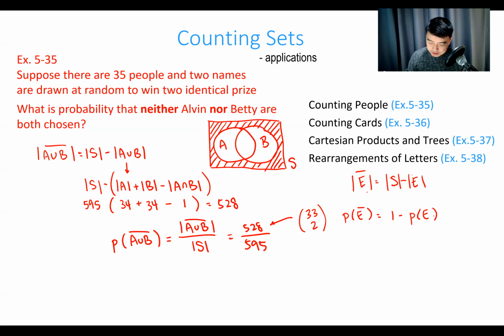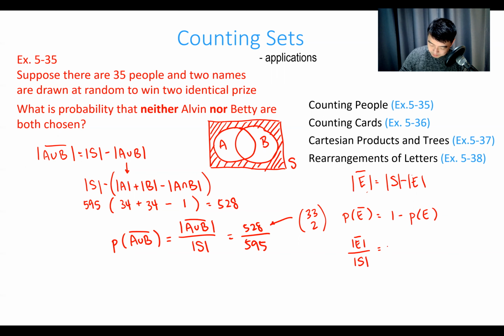And I hope you understand how this comes to be, because if you take a look at this equation, the size of E complement is like this, and then we're going to divide it by the sample size. So that is the probability of E complement.